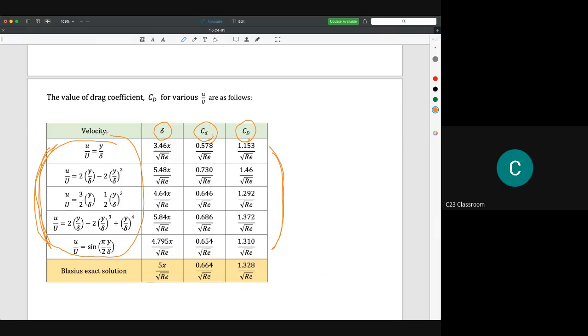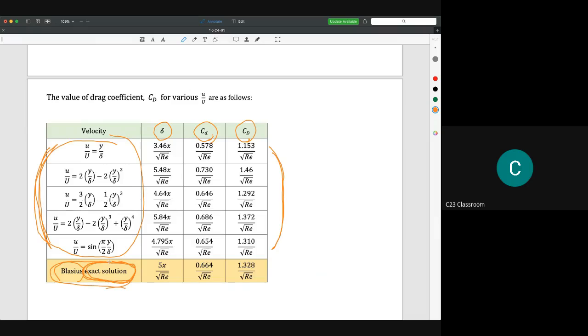Another thing that you need to know is the Blasius exact solution. The Blasius exact solution was introduced by a scientist named Blasius. Why is his solution called an exact solution?